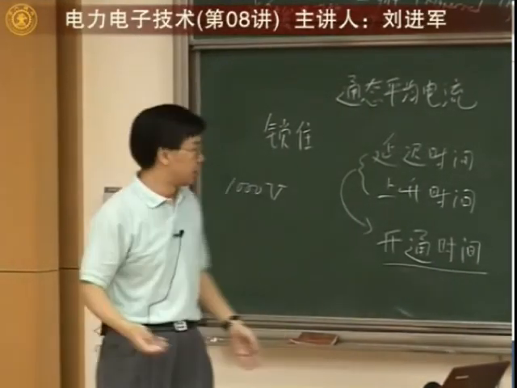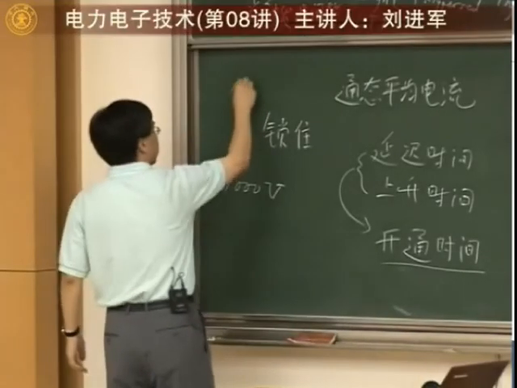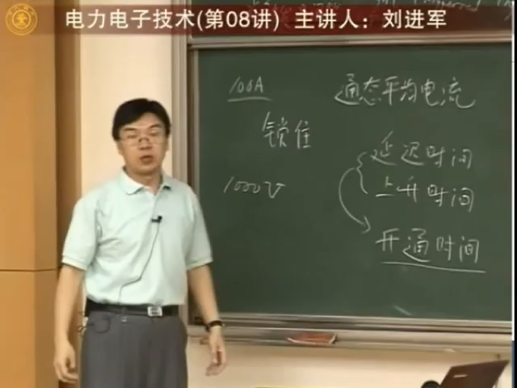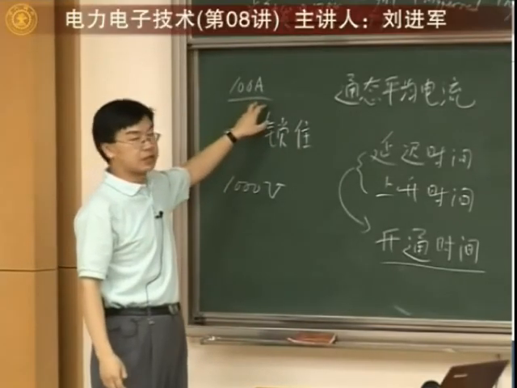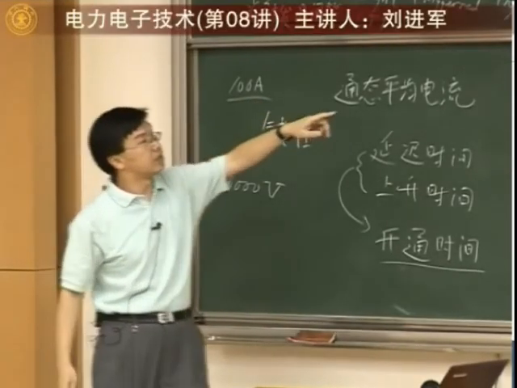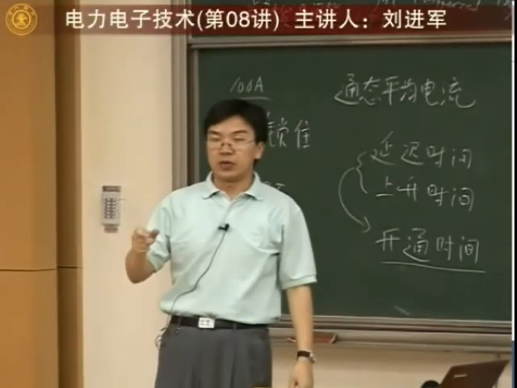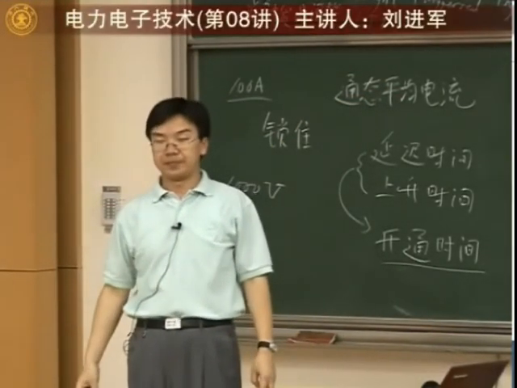So when you see, let's say you have a 100 amp thyristor, that means the average on-state current of that thyristor is 100 amp.